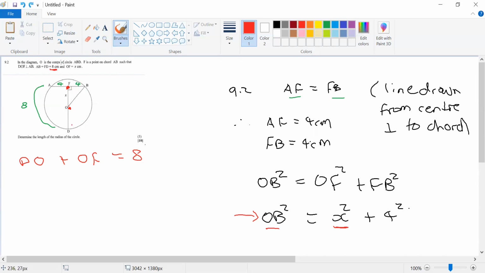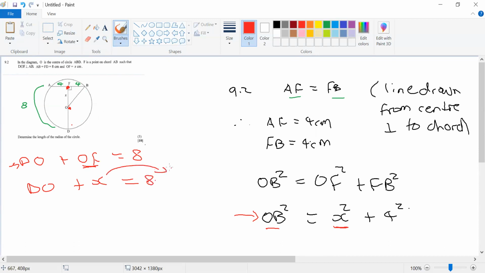And now that we have that set up, let's start substituting into this equation. I don't know what DO is, because that is actually a radius. So DO plus, I know that OF is actually X. So it's DO plus X is equal to 8.